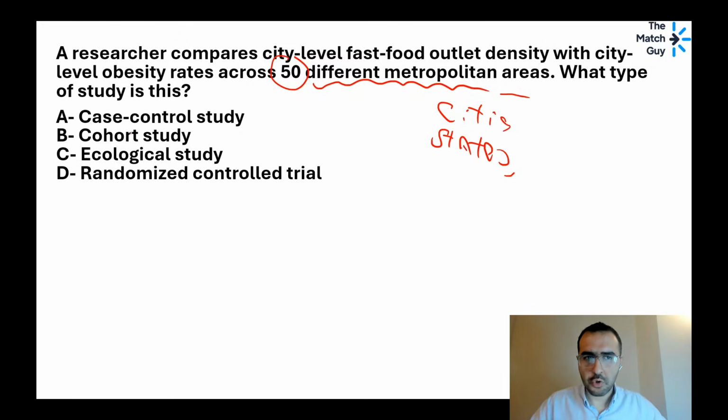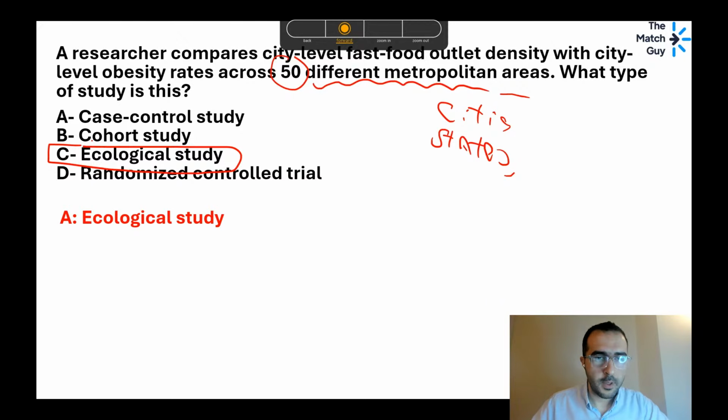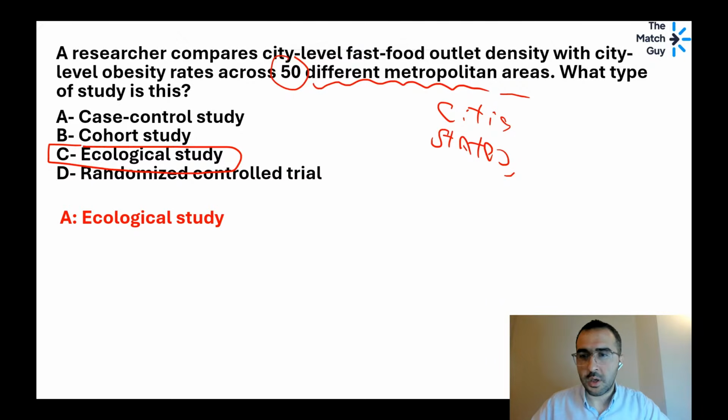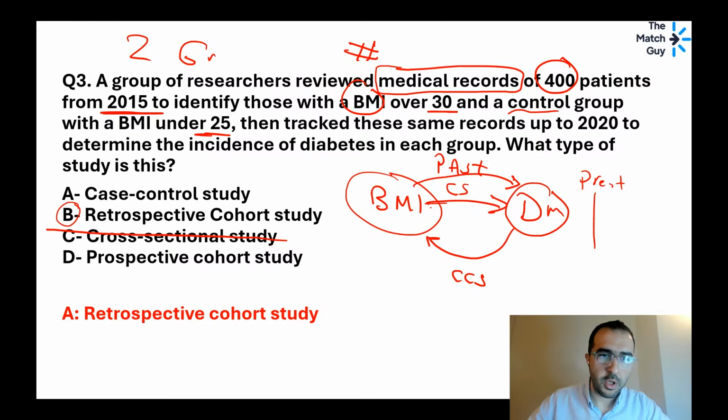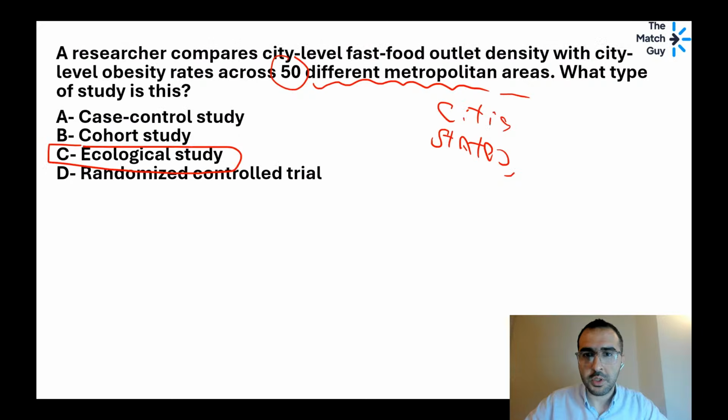The answer usually is ecological study. This is different from the other studies we did before. For example, in a cohort study we do individuals, like 400 patients, but here we only care about the whole city, the whole state, the whole country. So that's called an ecological study.